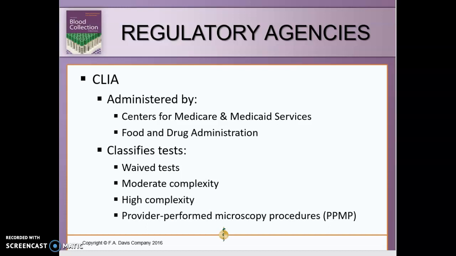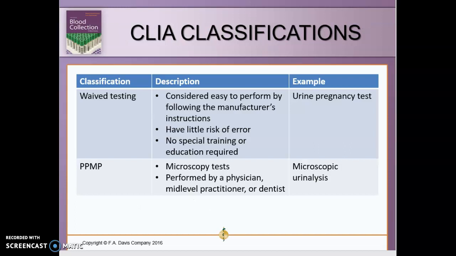And so looking back at the CLIA classifications, we have the waived testing. With the waived testing, it's considered easy to perform. You just follow the manufacturer's instructions. You have little risk of error. There's no special training needed. An example of this is going to be a urine pregnancy test.